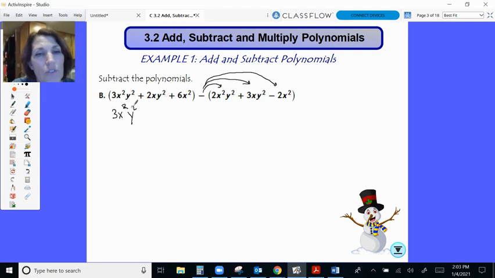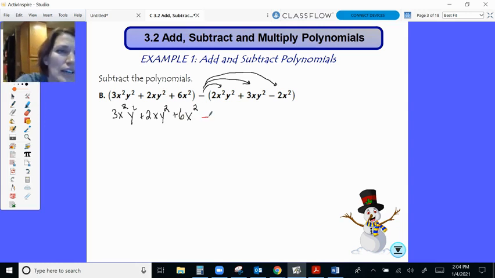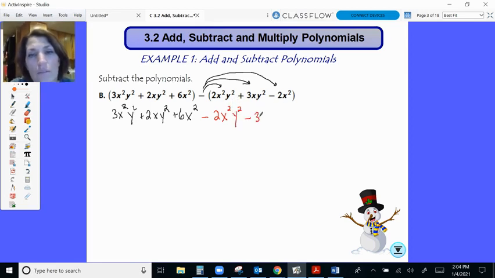So 3x squared y squared plus 2x y squared plus 6x squared. And then I'm going to distribute this negative to all of these: negative 2x squared y squared minus 3x y squared, and then plus 2x squared.